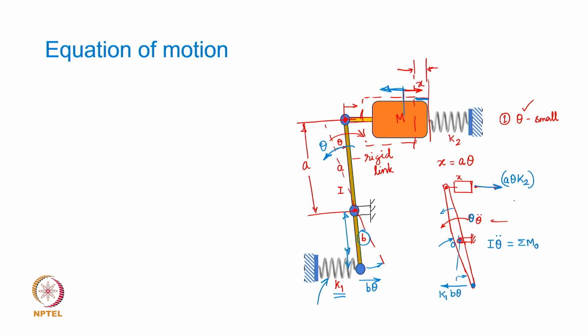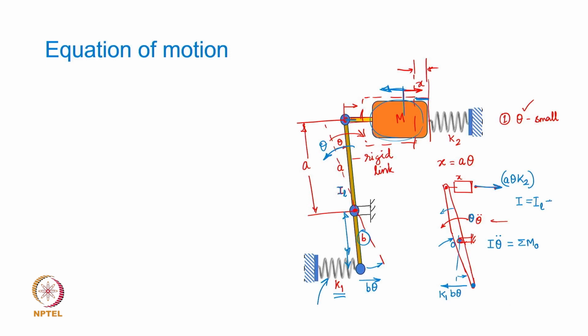But what is I? I is the mass moment of inertia about this fulcrum. Now, what will this I be? I will be that of the link itself. So, if I call this I L, the mass moment of inertia I L, but there is a point mass, a rigid mass which is at the tip of this link, at a distance A from the fulcrum.